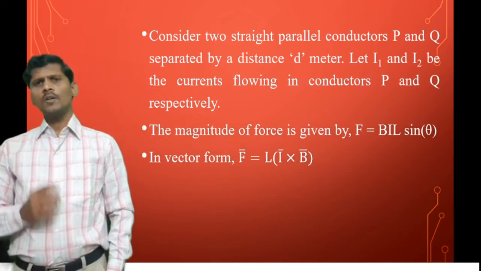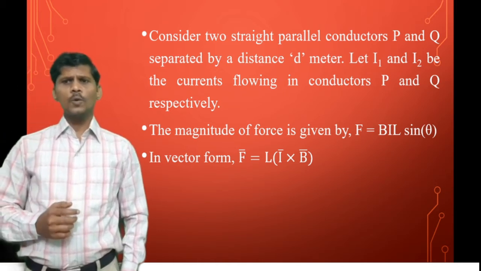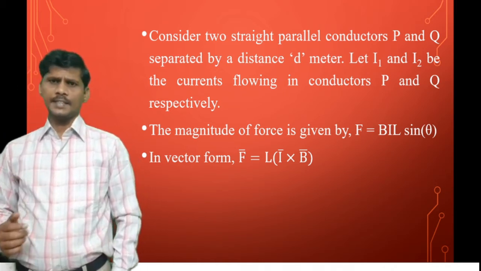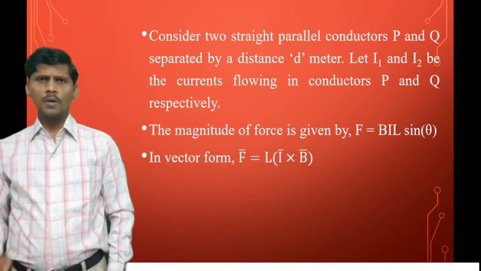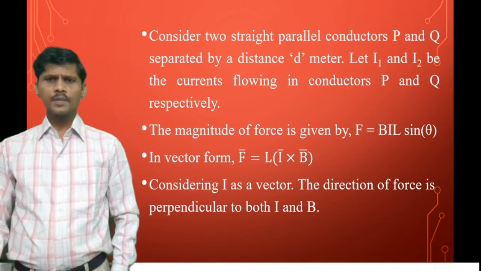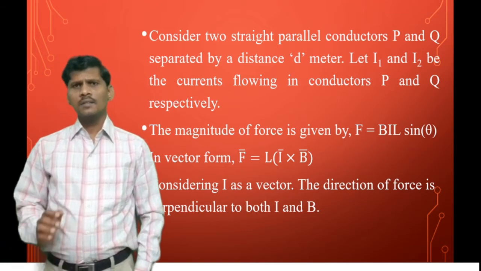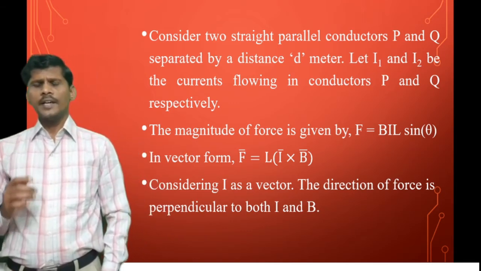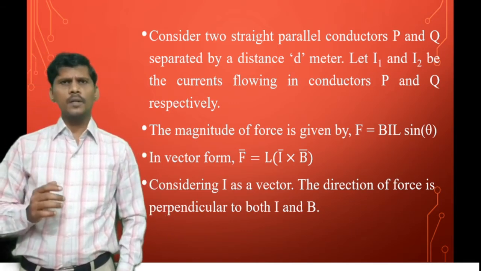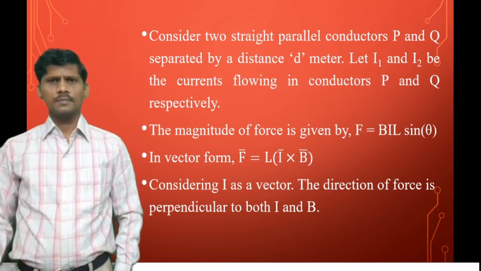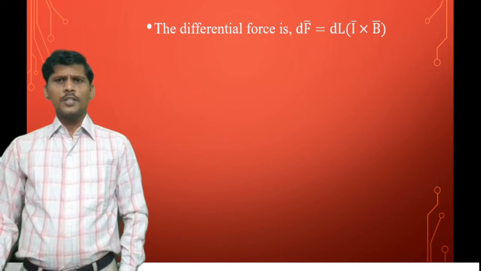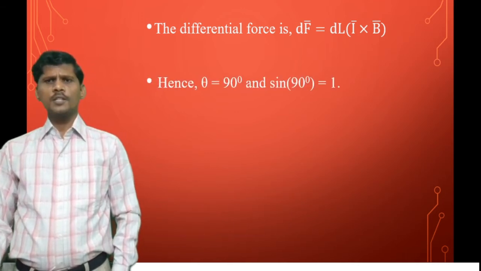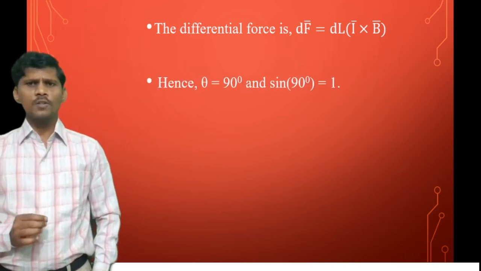Therefore, the magnitude of the force is F equal to B I L sin theta. In vector form, F bar is equal to L into I bar cross B bar. Considering I as a vector, the direction of the force is perpendicular to I and B. The differential force is dF bar equal to dL into I bar cross B bar.